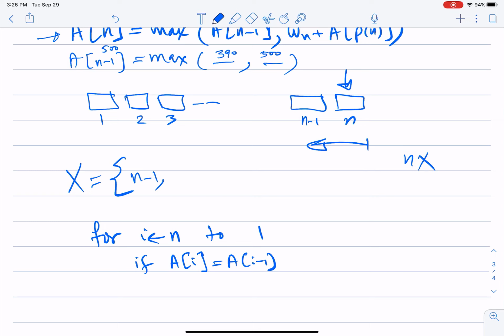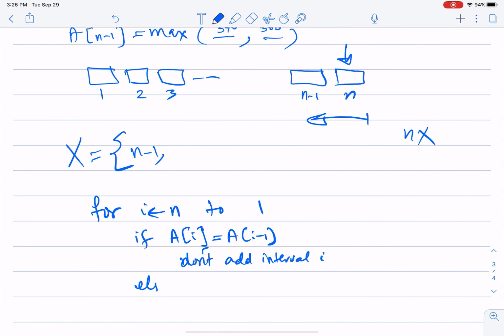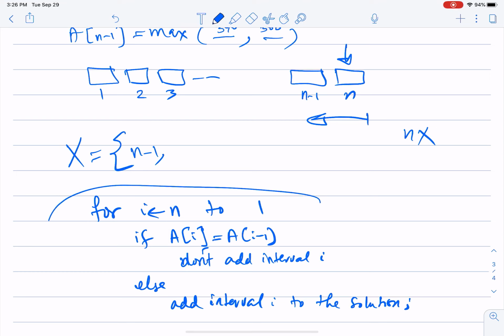Nothing here. Basically, we don't add interval i, else add interval i to the solution. Okay, so this is really the algorithm.